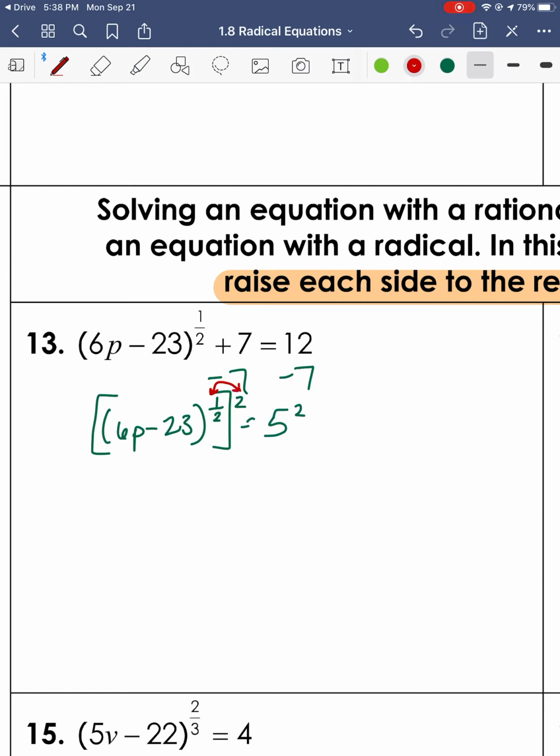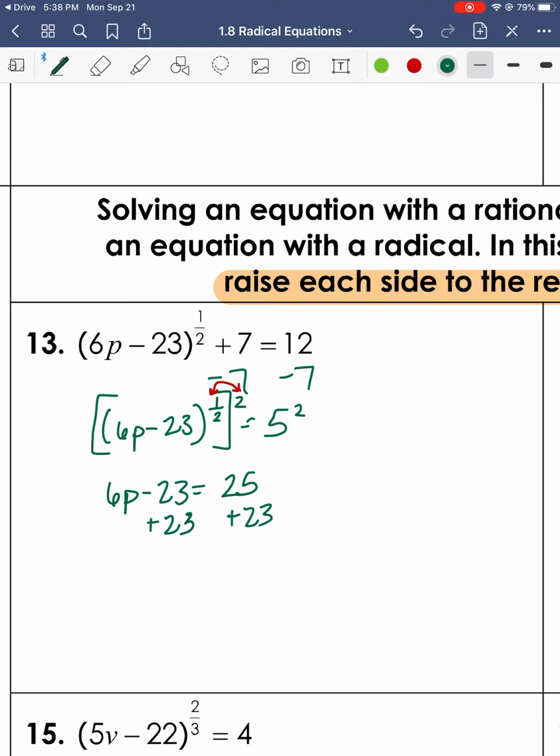So now we take 2 and multiply it by 1/2, which is equal to 1. So we're left with 6p minus 23 to the first power, and in that case we can just write it as 6p minus 23. Then we have 5 squared, which is equal to 25 on the right side.